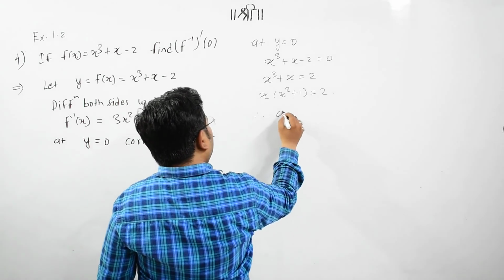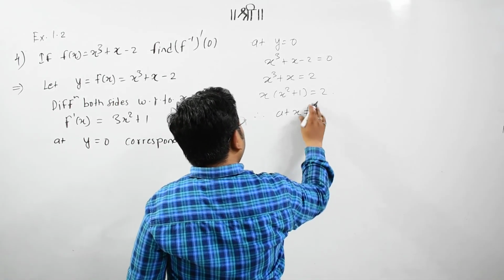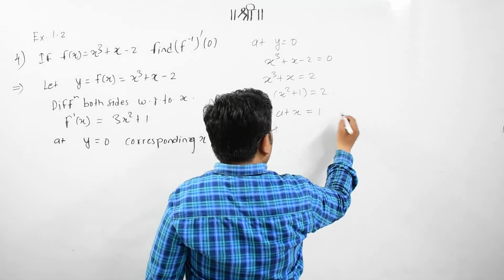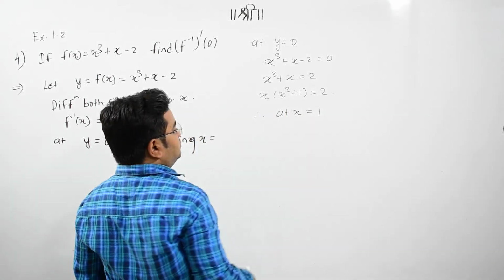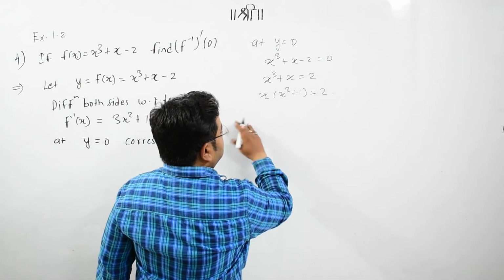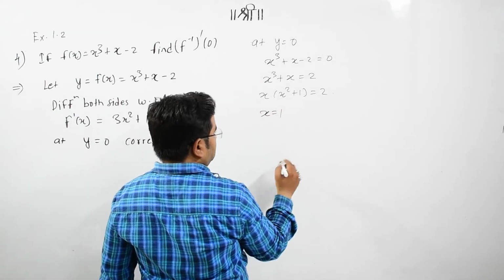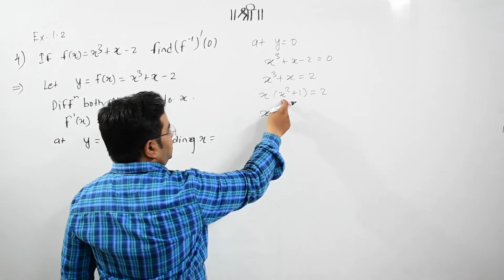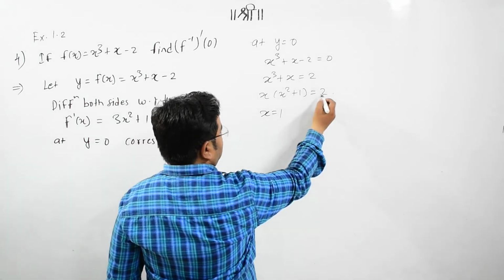Therefore, at x is equal to 1, this is the possible case. Understood? The solution simply says x is equal to 1. There should not be any other value. If you apply minus 1 or something, then it's not equal to 2.